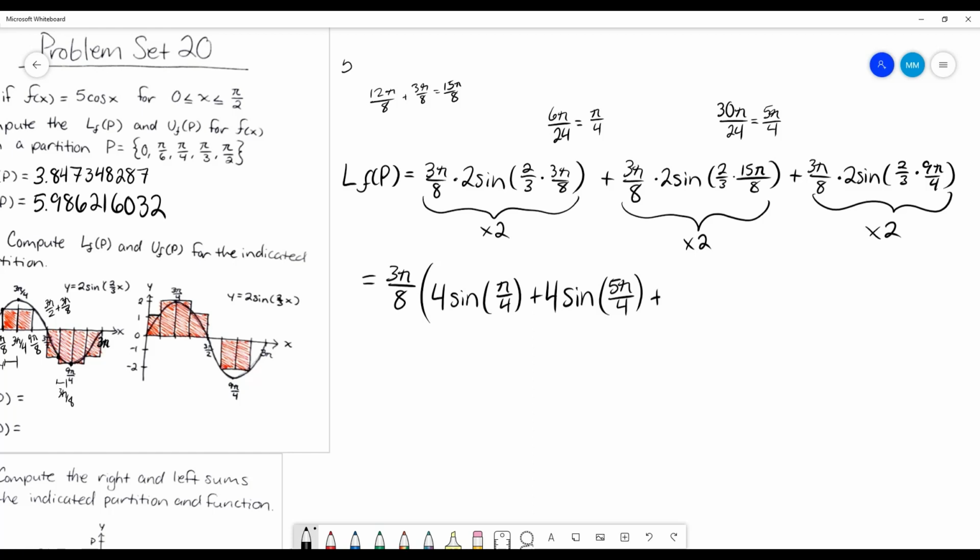Okay, and then another 4 sine, and then that's going to be 18 pi over 12, or 9 pi over 6, 3 pi over 2, I think. Looks like that makes sense.